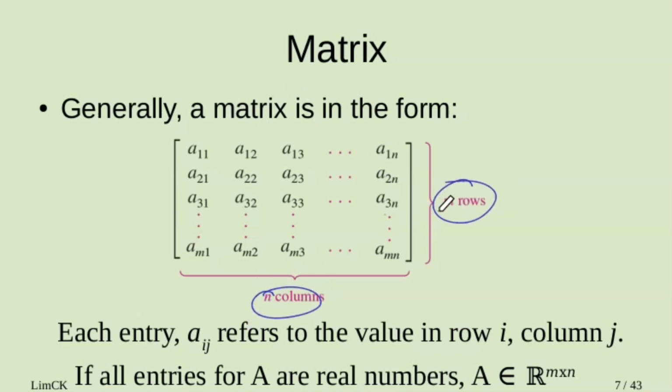Each entry in the matrix, if we call the matrix A, can always be written in the form Aij, where Aij represents row i, column j. For example, row 3, column 3, row 3, column 2, and so on.